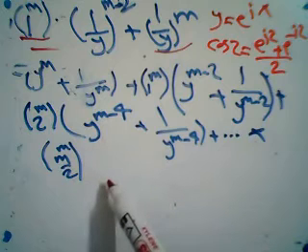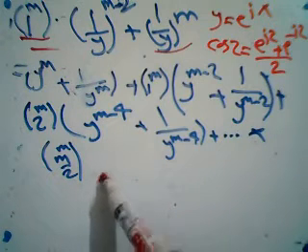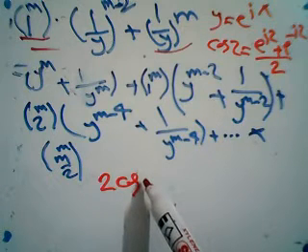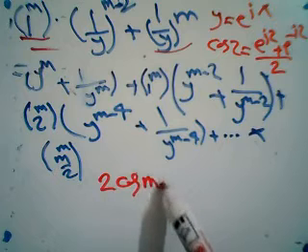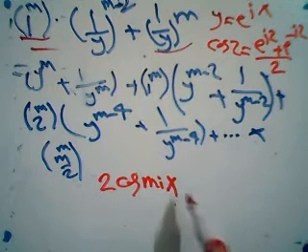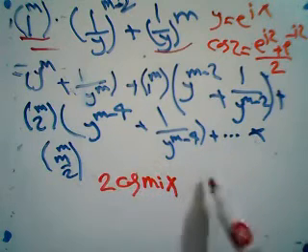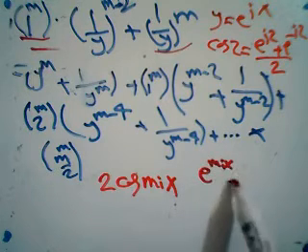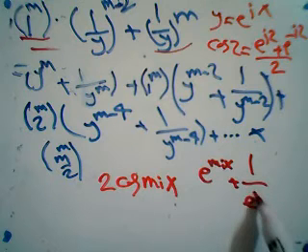So this is equal to 2 times cosine of mx. Let me explain it a bit. This is e to the mix plus 1 over e to the mix.